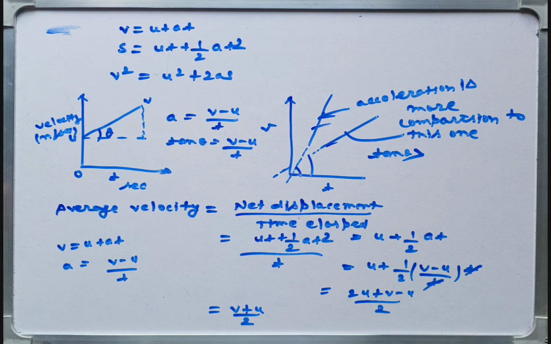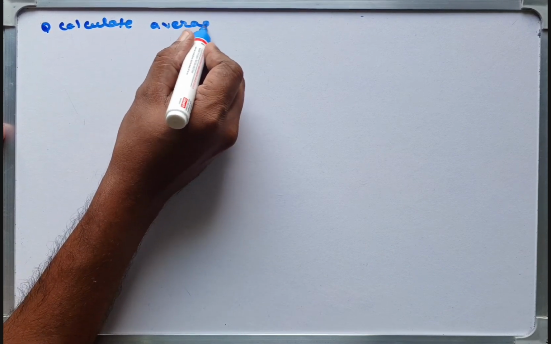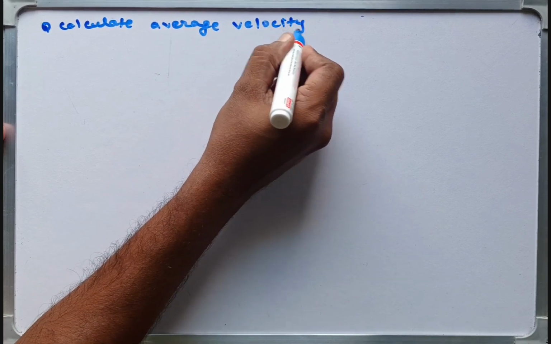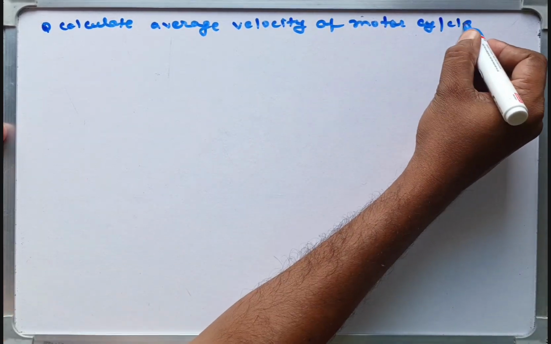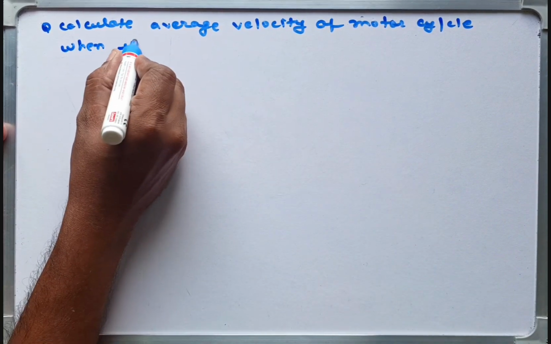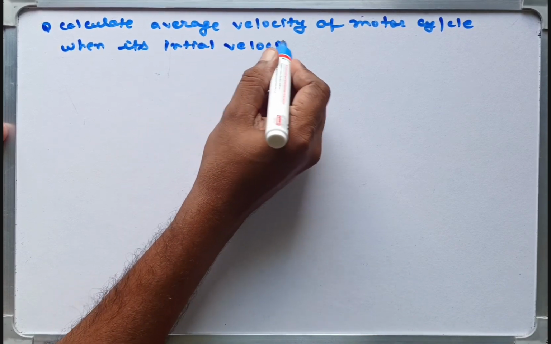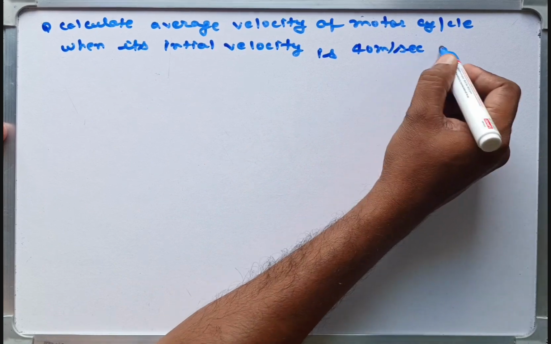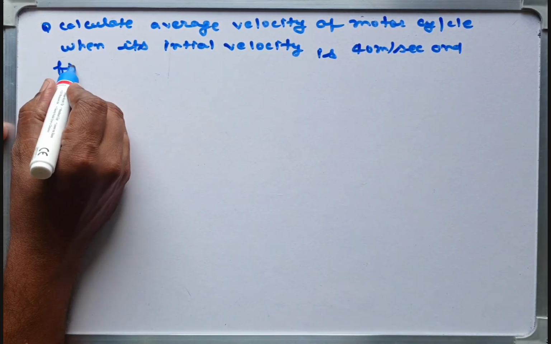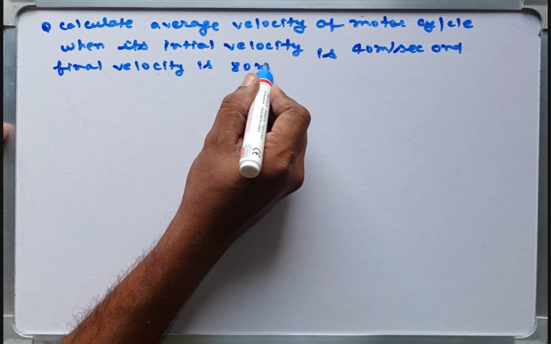Now see a question on average velocity. Calculate the average velocity of a motorcycle when its initial velocity is 40 meters per second and final velocity is 80 meters per second.